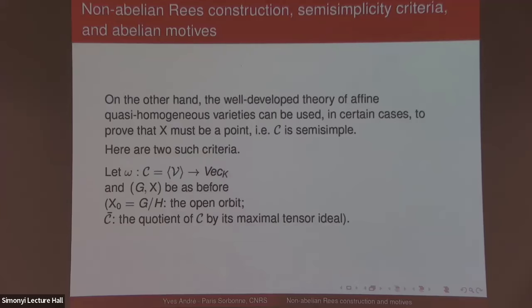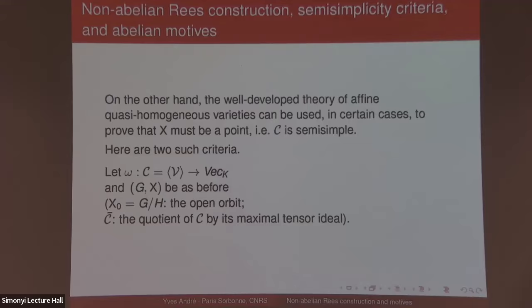And I give myself a faithful tensor functor to vector spaces over K, K being the ring of endomorphisms of the unit object, C. And the X are as before the quasi-homogeneous variety attached to H by the O'Sullivan construction. I denote by X naught the H open orbit, and C bar is the quotient of C by the maximal tensor ideal.